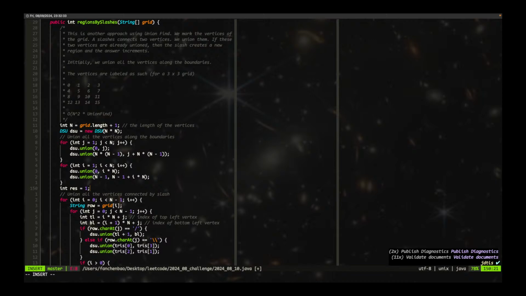What 1, right? We have an initial region. The boundaries form the initial region. Initial region.